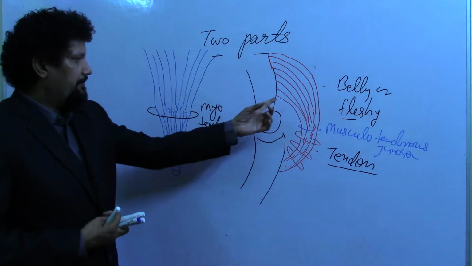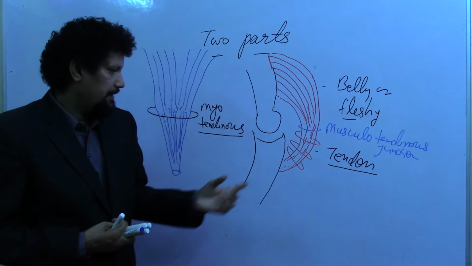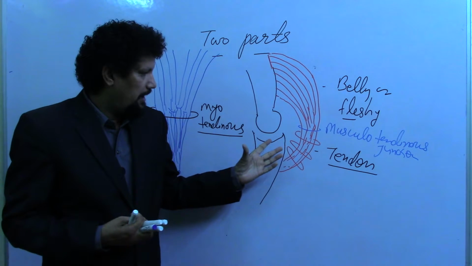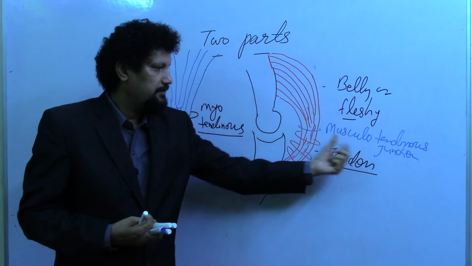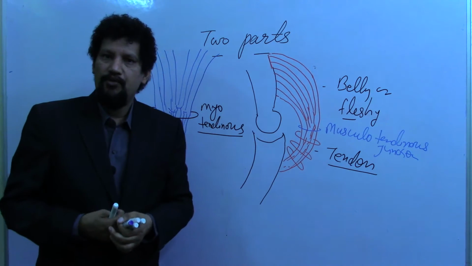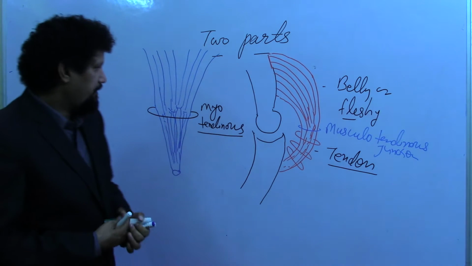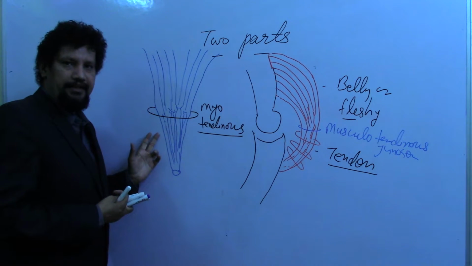So the junction between the fleshy part of muscle and the tendon, that is the rope-like or cord-like structure, is known as the musculo-tendinous junction, or I can say the myotendinous junction. What happens at the musculo-tendinous junction?